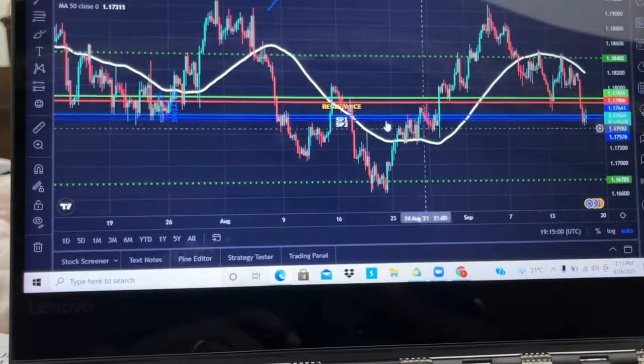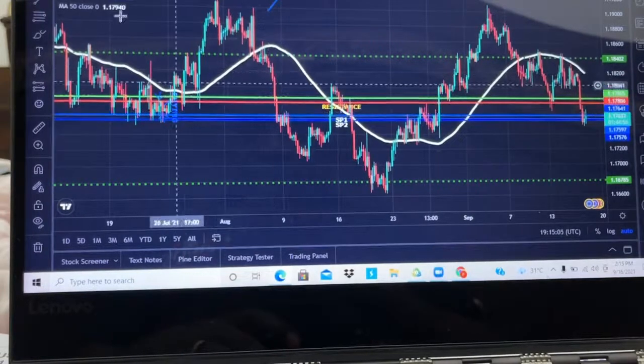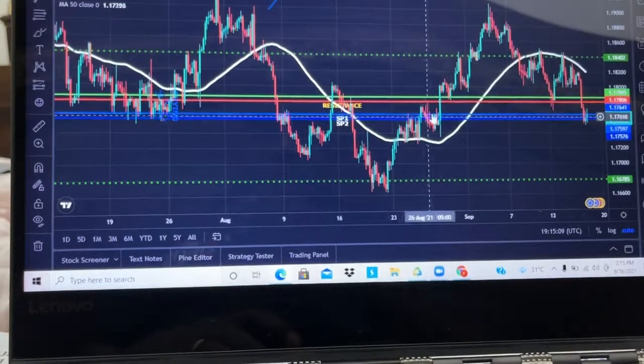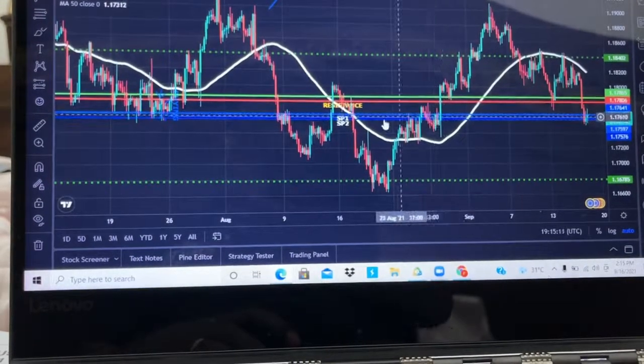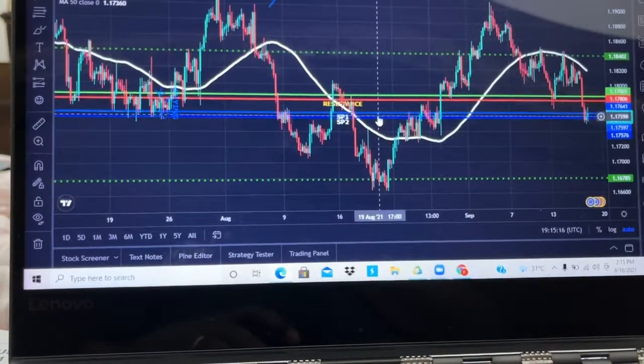What you will always find, let's say you were on a particular pair and you made your notations on it, it will always be there for you unless you remove it.